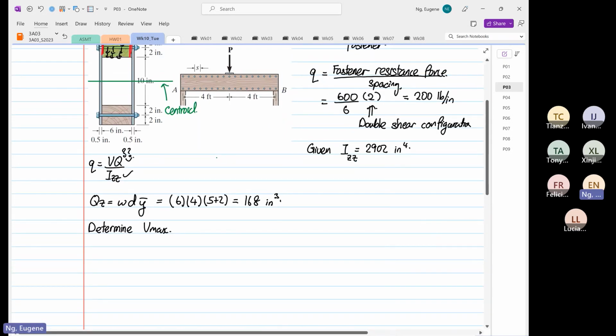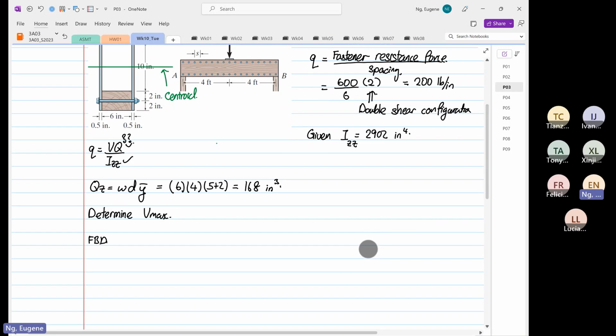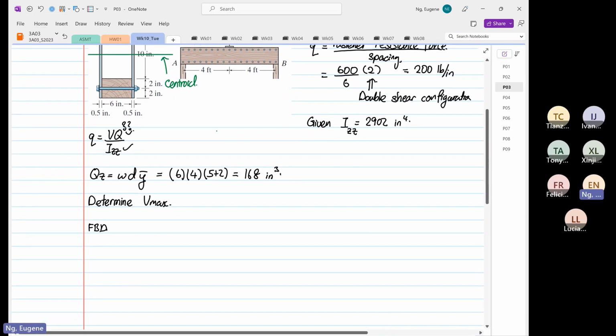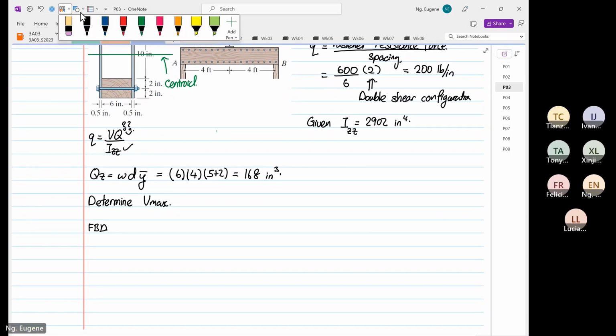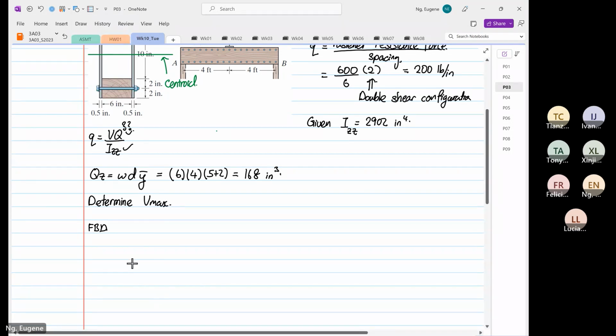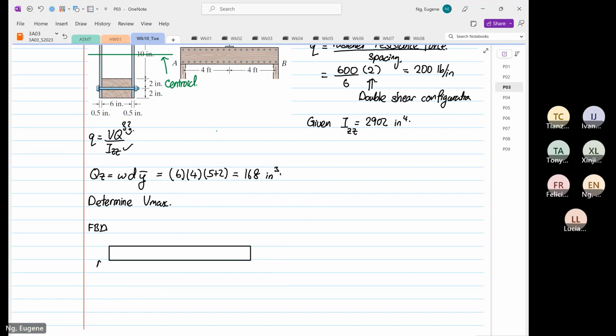We are going to draw our free body diagram first. So this is our member, this is our point A, and this is our point B. And what is applied on the center?